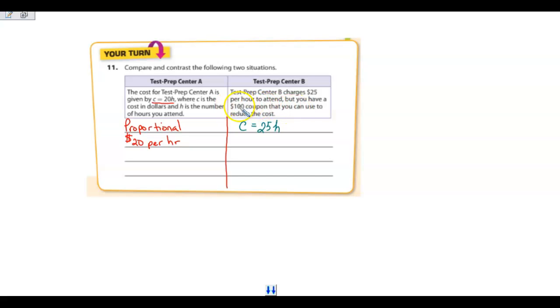And remember, do coupons add money or take money off? They take money away. So it's going to be minus 100. Now that I have my equation, is this proportional or non-proportional? There is a y-intercept of negative 100, so this is non-proportional.